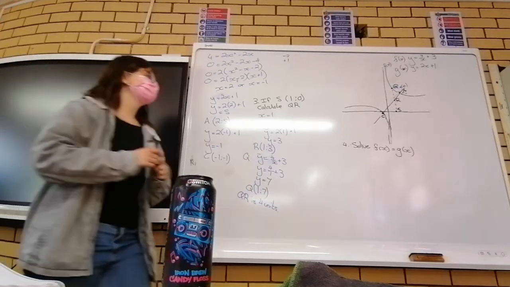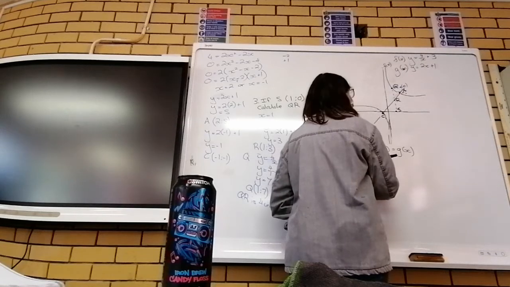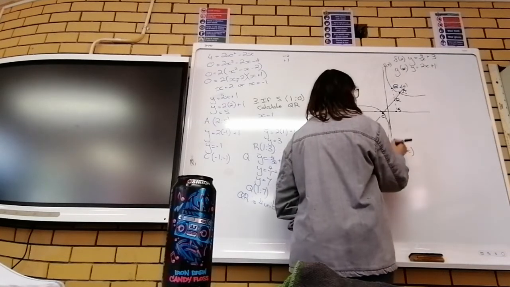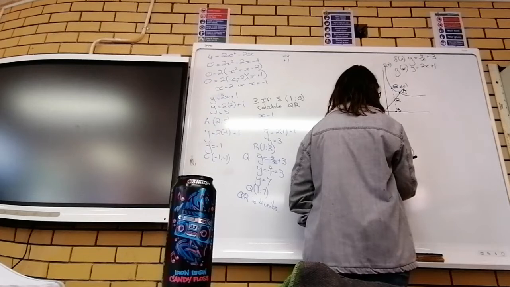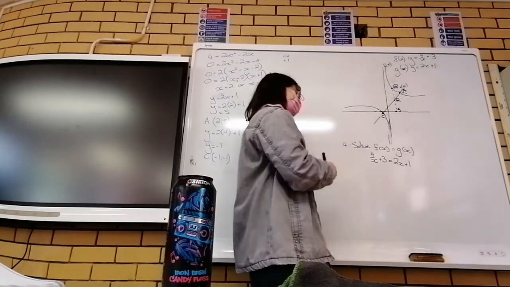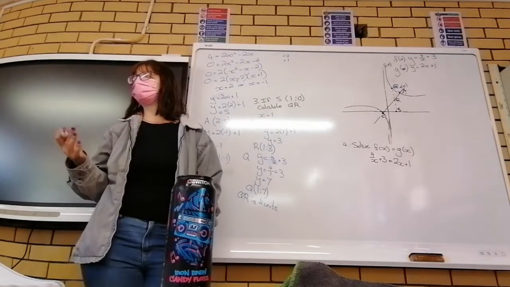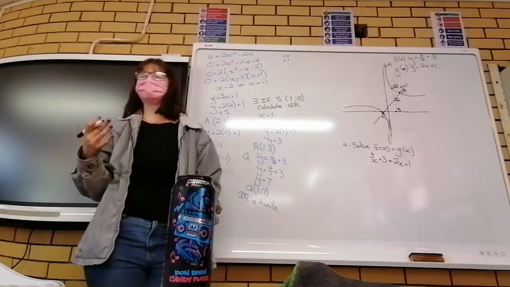So what I do here is I say 4 over x plus 3 is equal to 2x plus 1, and then I solve for x. Now I don't need to write the coordinate points, I just need to solve for x because they said solve the equation.